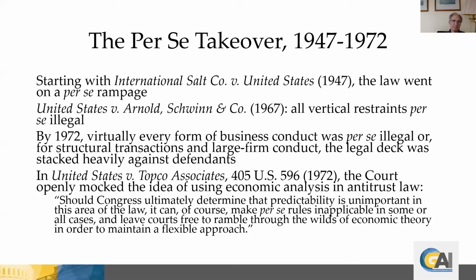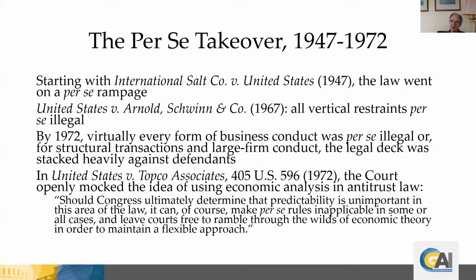But the courts, with the enthusiastic support of the federal agencies, began to place more and more restrictions into the per se category, the category that did not allow the use of economics and did not allow the presentation of a defense by somebody accused of an antitrust violation.